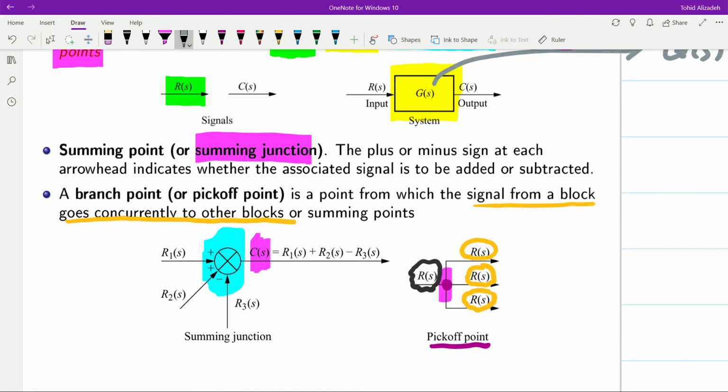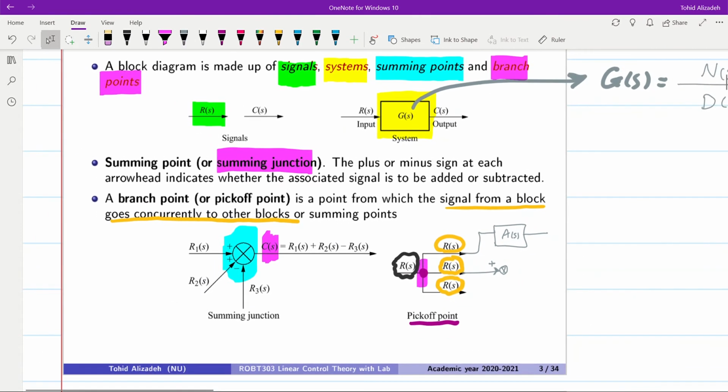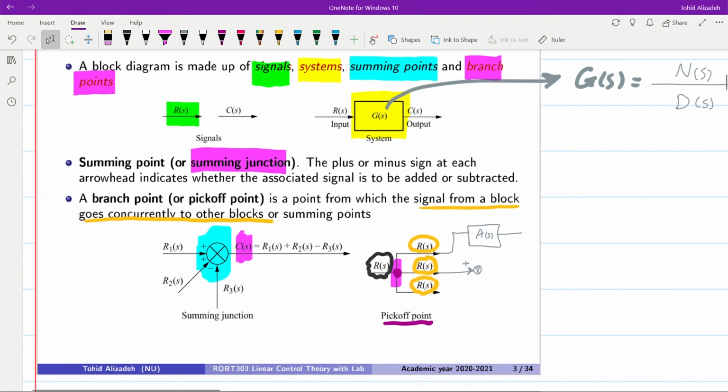Indeed, we can say that this signal R of S could be the input to a given block, or it could be an input to a summing point, for example, with a given sign. So these are the main components that we have for block diagram systems.